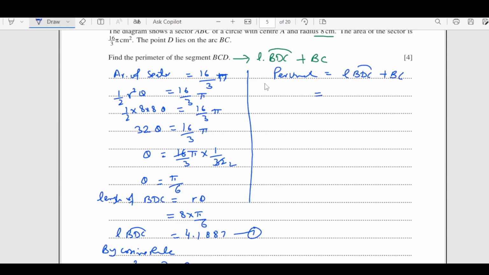Length of BDC from equation 1 is 4.1887 plus BC, which is 4.1411. So this is 8.3298, and approximately it is 8.33 centimeters if we take it to 3 significant figures. So this is our final answer.